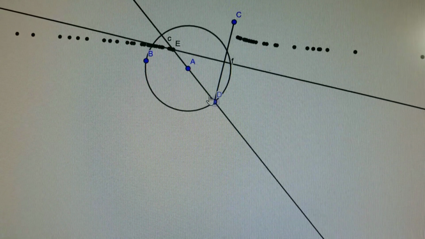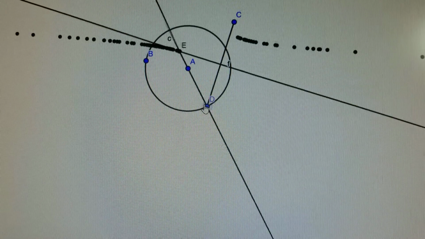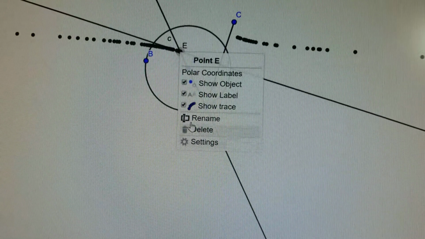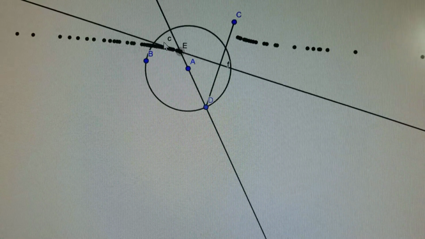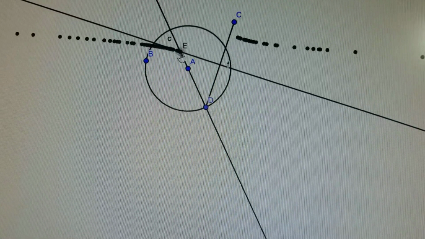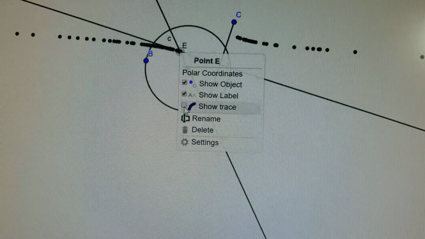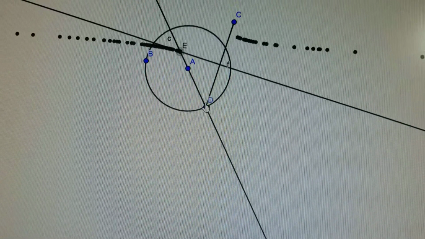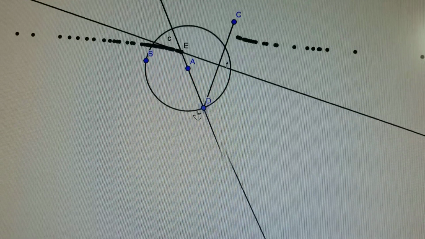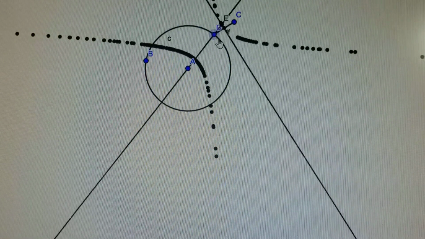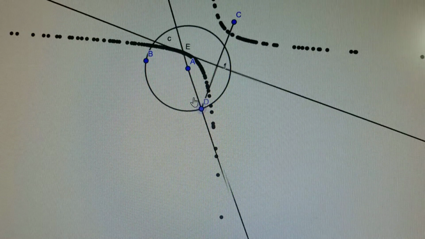What happens if I trace that point of intersection? See, I already did it. I traced it, and I put a trace on each of these quadrants and mark the quadrant. And when I do that, let's see what happened for every one of those points around the circle. What did I get?